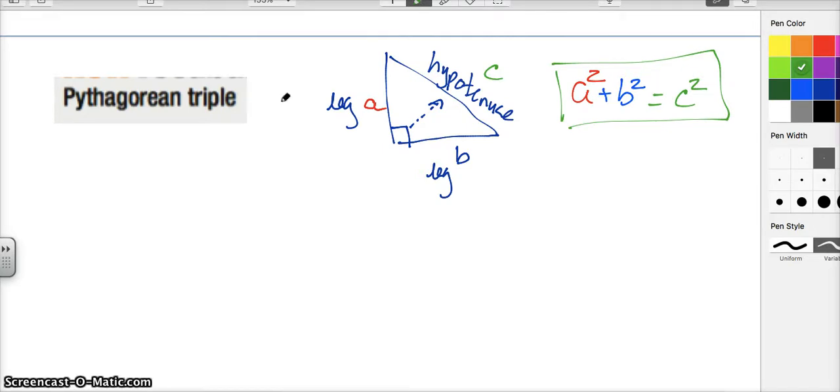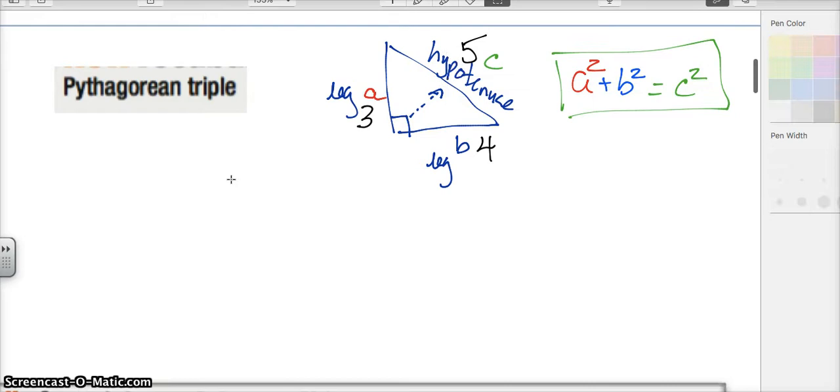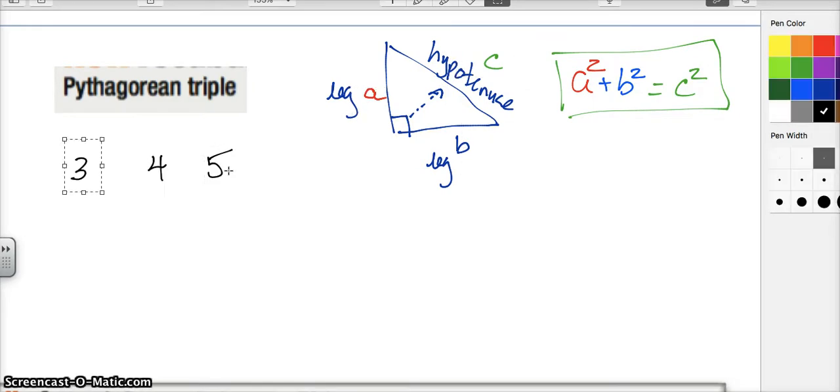The Pythagorean triple that most of us are used to is 3, 4, 5, meaning I could have a triangle where one leg has length 3, another leg has length 4, and the hypotenuse has length 5. A 3, 4, 5 triangle is a Pythagorean triple because 3 squared plus 4 squared equals 5 squared. Are you guys with me?